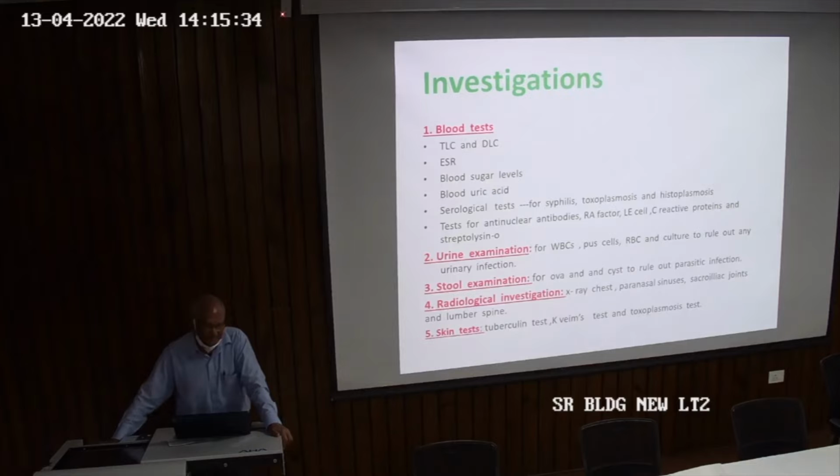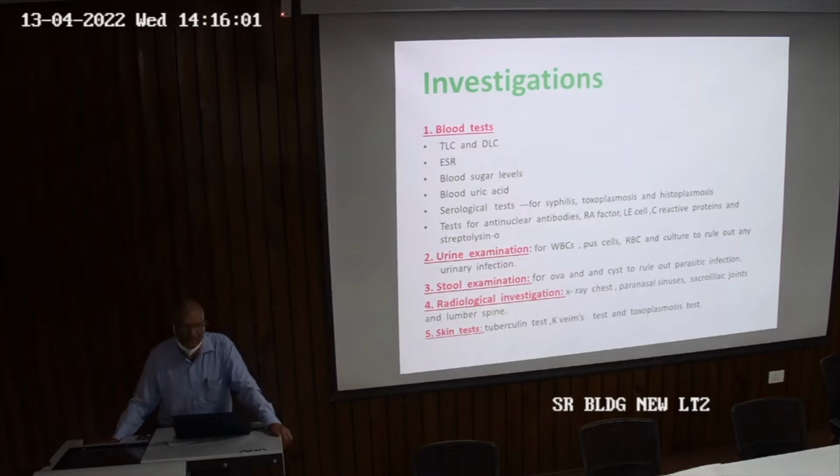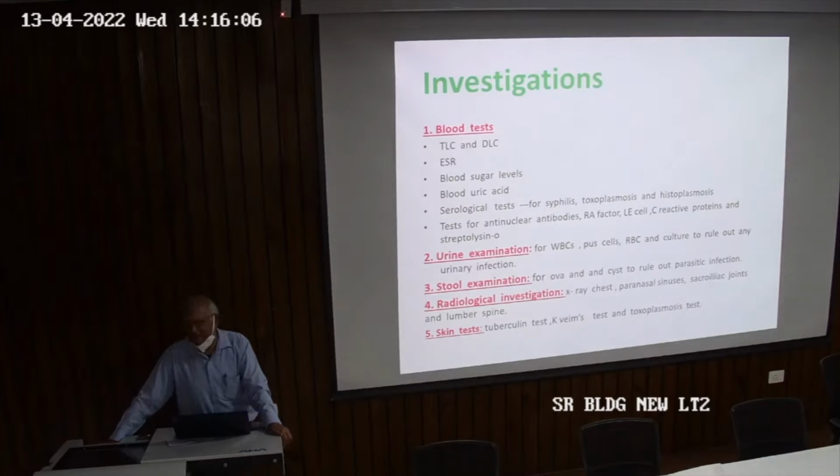The blood tests: TLC, DLC, ESR, blood sugar level, uric acid, serological tests for syphilis, toxoplasmosis, histoplasmosis, tests for anti-nuclear antibodies, the RA factor, LE cells, C-reactive protein, and the anti-streptolysin O. Every test has its own value. Take an example, the TLC, DLC: in any inflammation, chronic or acute, the neutrophils, eosinophils, and lymphocytes are raised.